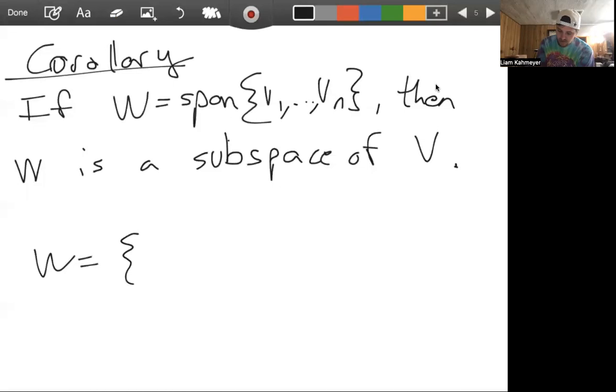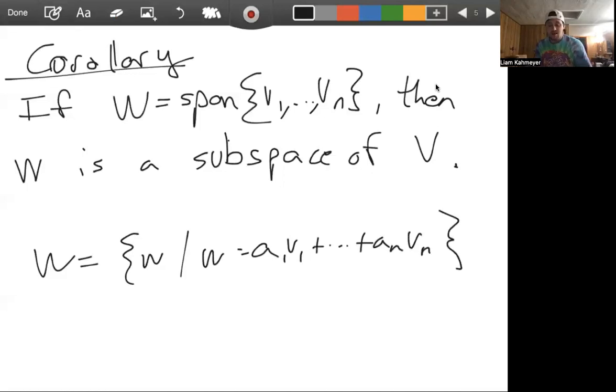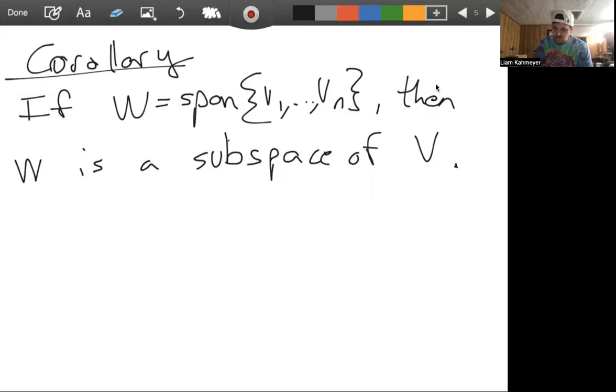That would be like vectors W such that W is equal to A1 V1 plus and so on, plus AN VN, right? And so the elements are linear combinations of these vectors V1 through Vn by definition, which we've now seen in the previous argument makes this a subspace.